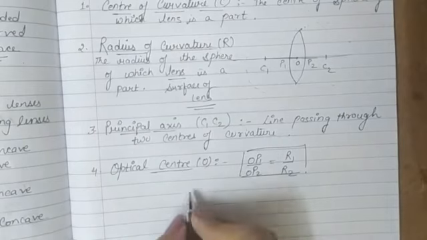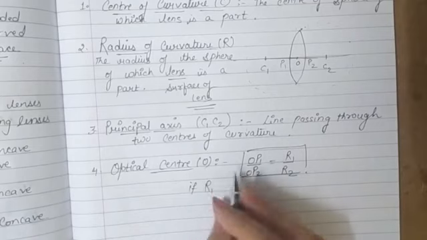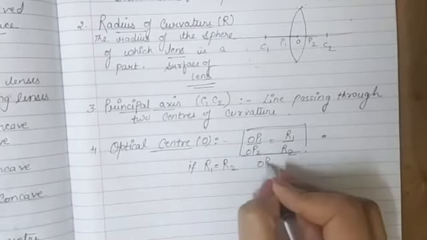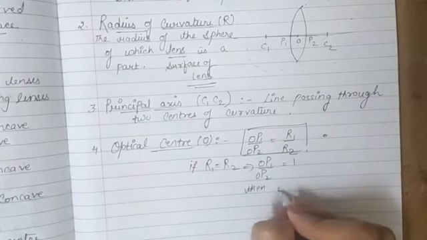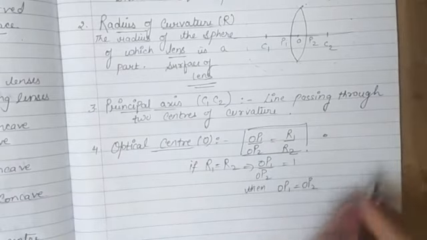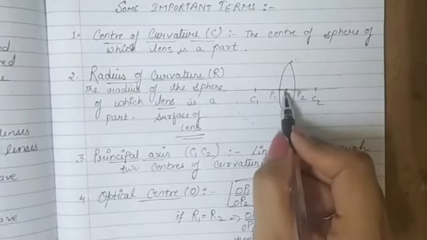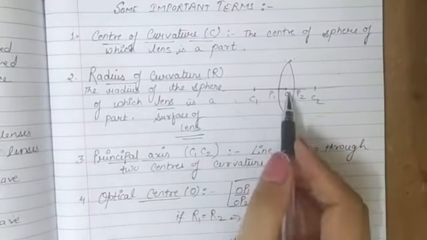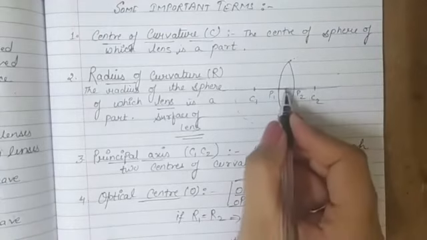Now if R1 and R2 are equal, if we have a lens which has both radii of curvature same, in that case this ratio will be, or we can write it as OP1 upon OP2 is equal to 1. Then in that case OP1 will be equal to OP2, and the point O will lie exactly at the center of this thickness, at the middle of this length P1 P2, and this is the point which is also known as the geometrical center of the lens. Geometric center means according to its geometry it will be the exact middle position.